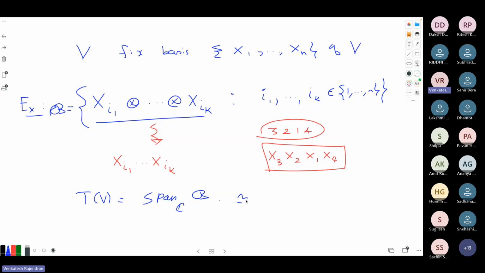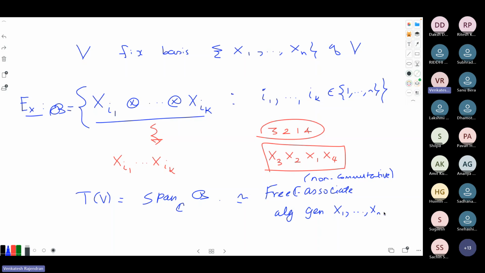So you take all possible words, and then take all possible linear combinations. That gives you what is called the free associative algebra, which is also non-commutative. It is the C associative algebra generated by these symbols x1, etc., xn. So that's what you get as the tensor product.